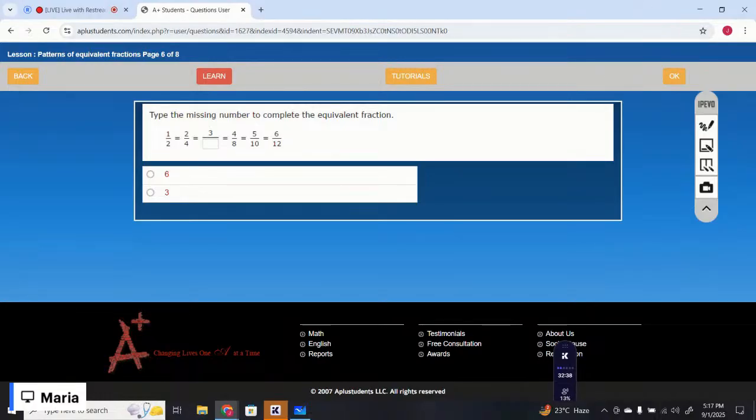Type the missing number to complete the equivalent fraction. That is 6. Option number 1 is the correct option.